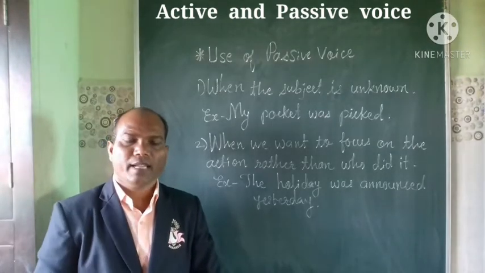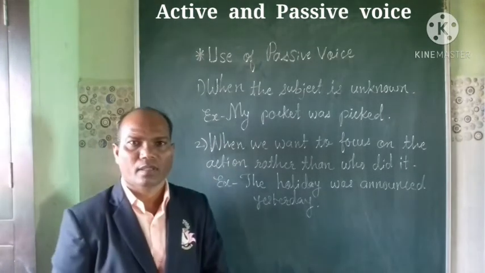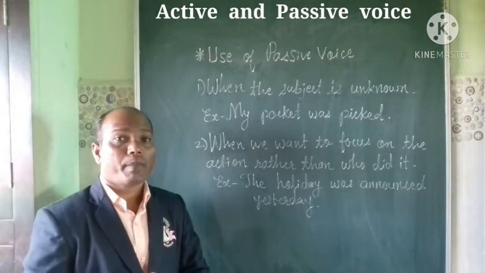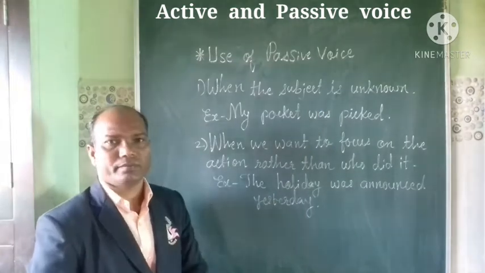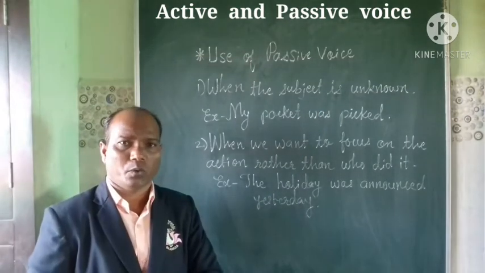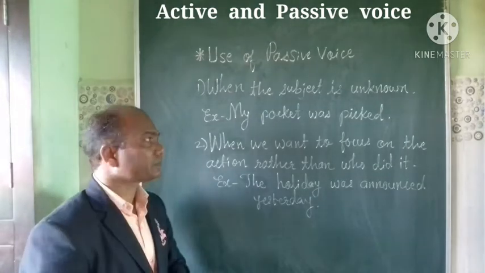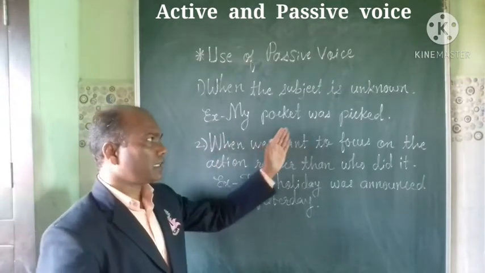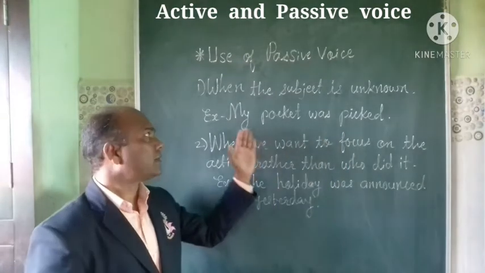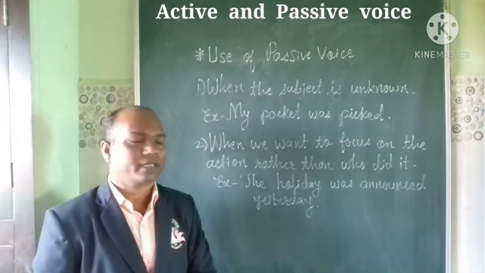So dear students, let us understand the use of passive voice. We can use passive voice when the subject is unknown. It means that if we don't know who has done the action, then we can use passive voice. For example, my pocket was picked. In this sentence, there is no subject.